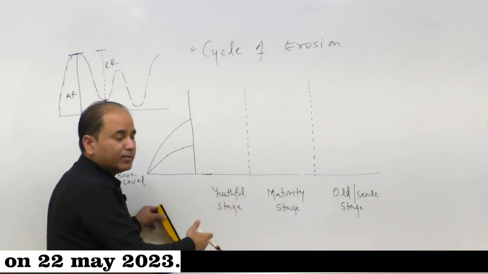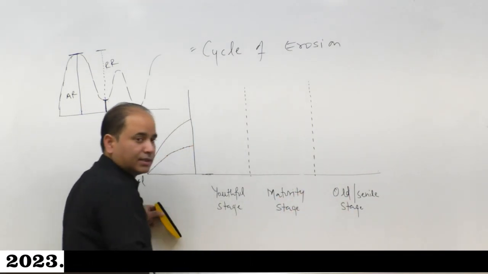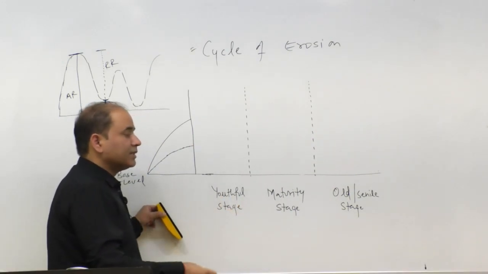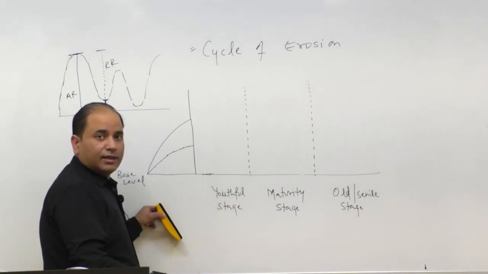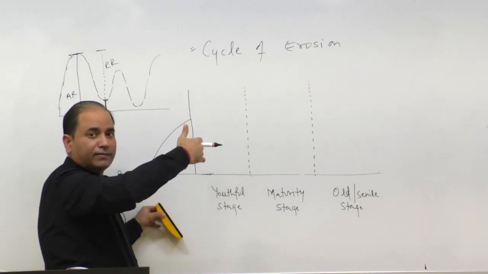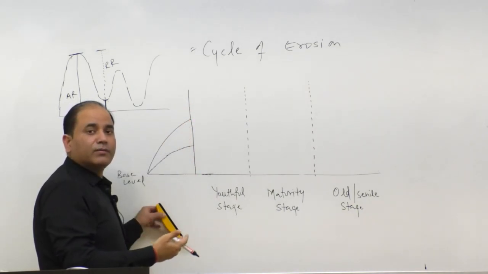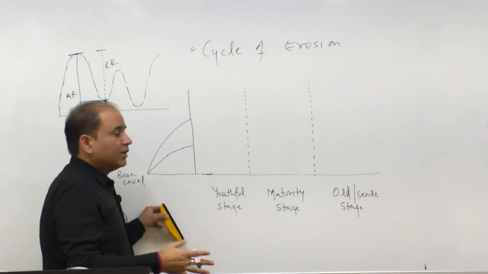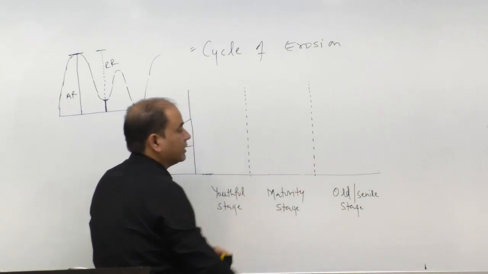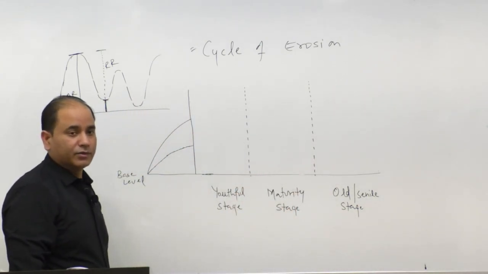And how will the cycle move? The cycle will move in 3 stages: youthful stage, maturity stage, old senile stage. And the landform, that is the mountain, will transform into a plane-like surface. So, from this point to this point is your cycle of erosion.